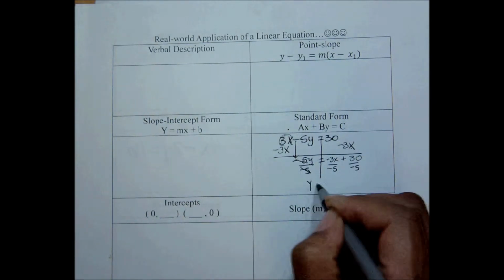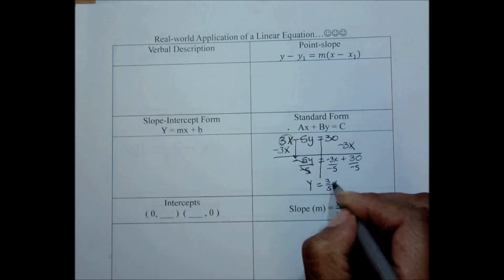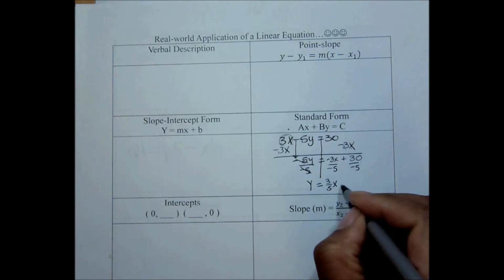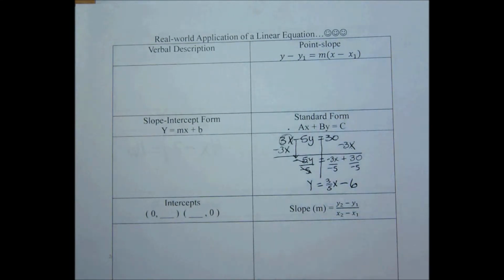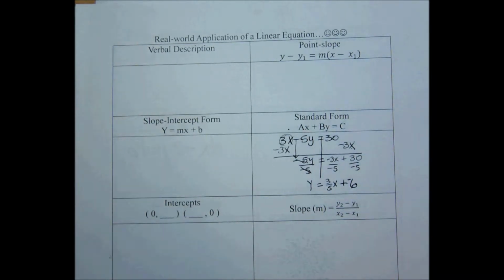We're left with y. Negative divided by negative is a positive. And 30 positive divided by -5 is -6. You can also write that as plus a -6. Doesn't matter, either way is correct.